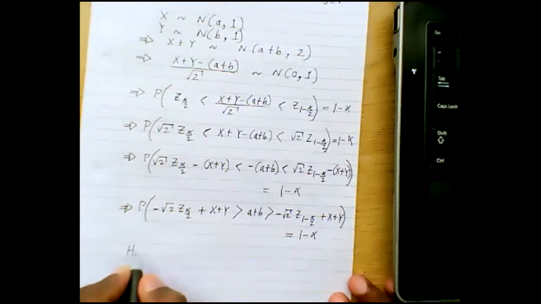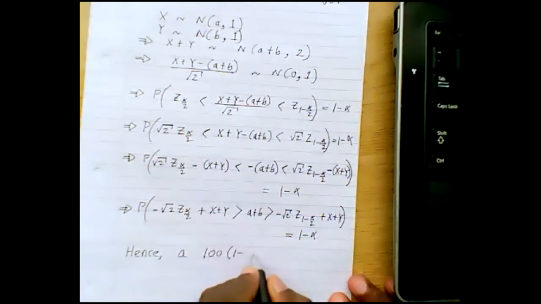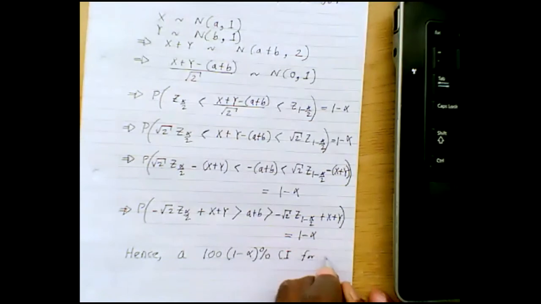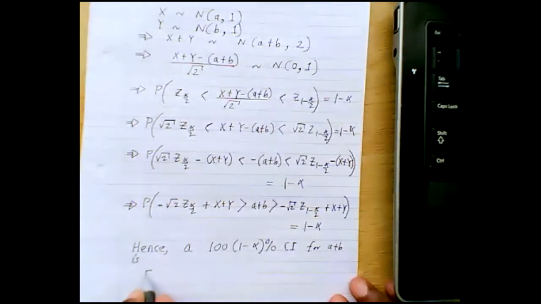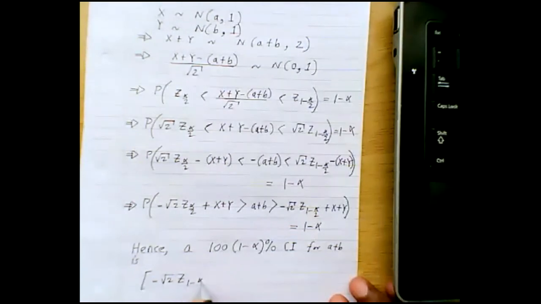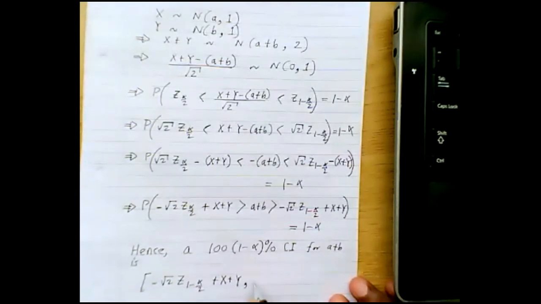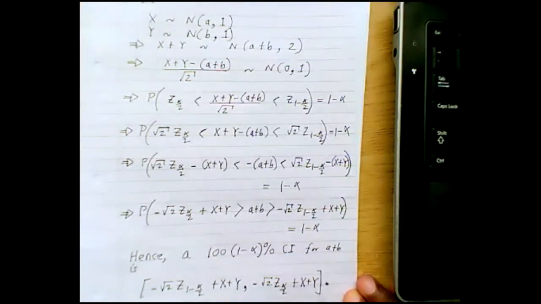So hence the 100 times 1 minus alpha percent confidence interval for a plus b is, the lower limit is going to be minus root 2. Okay, the upper limit is going to be, okay.